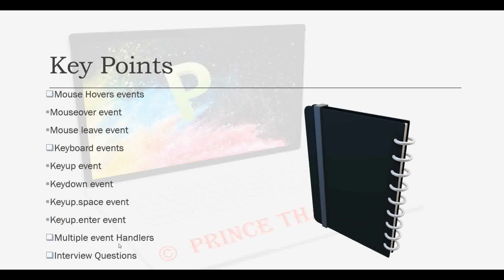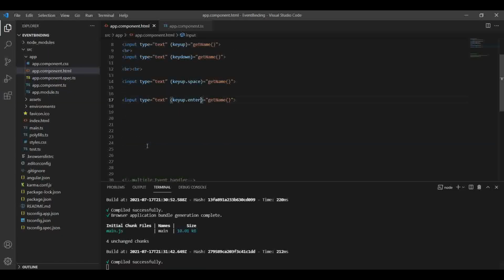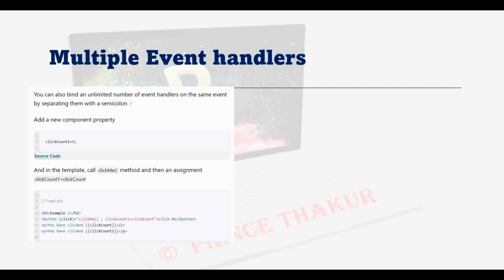Now we will go for multiple event handlers. For that, let's check our slide on multiple event handlers. You can bind an unlimited number of event handlers on the same event by separating them with a semicolon.